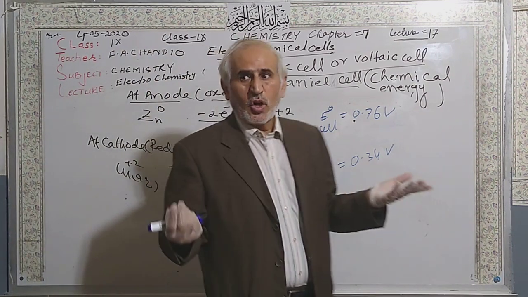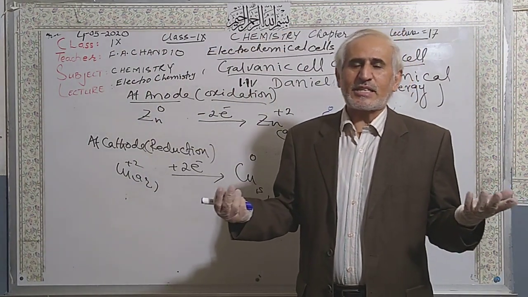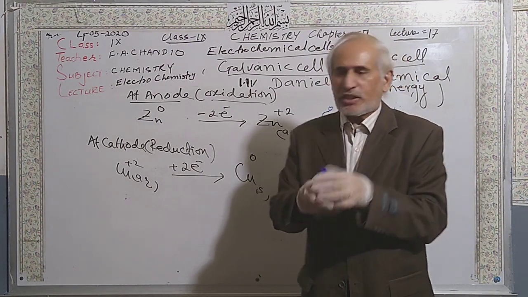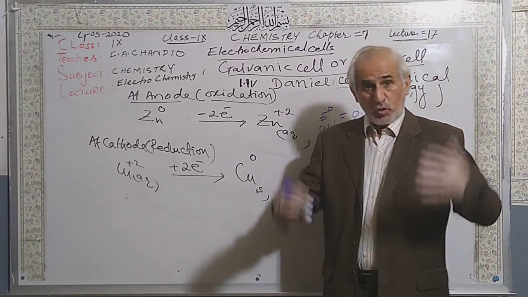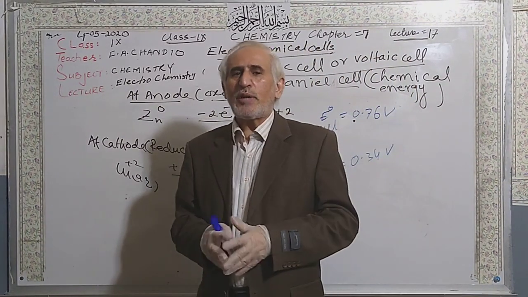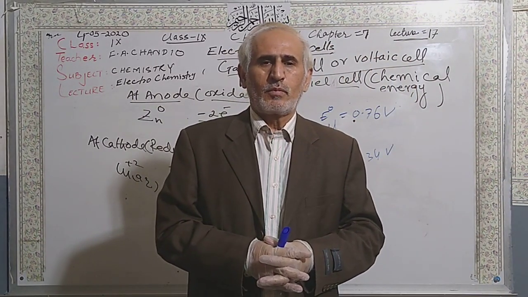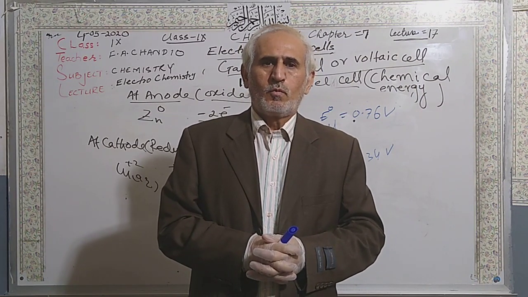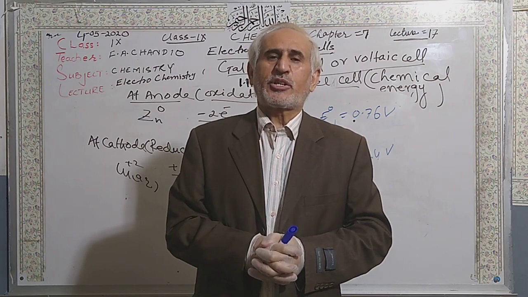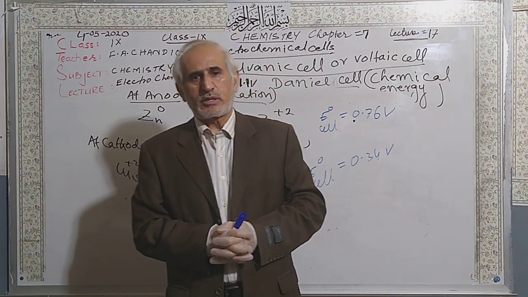Standard. Why do we call it standard? Because it works at standard conditions. What are standard conditions? You have to use a 1 molar solution. If you have a liquid, you must use a 1 molar solution, 25 degrees Celsius, 1 atmosphere pressure. These are standard conditions.